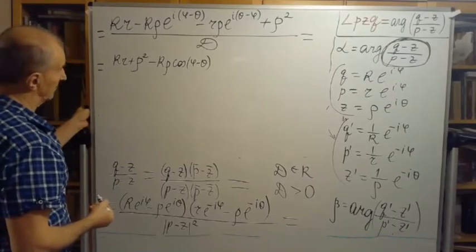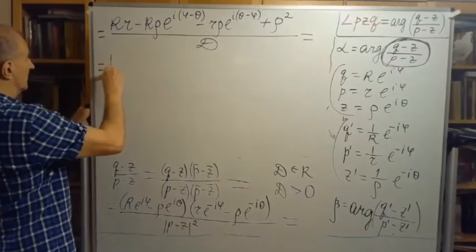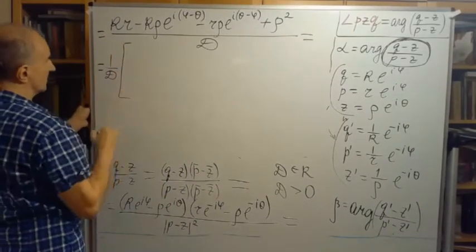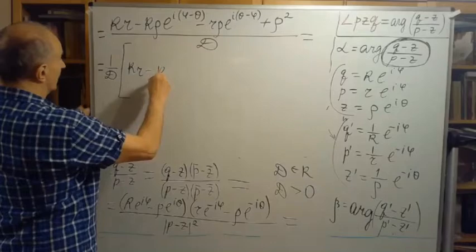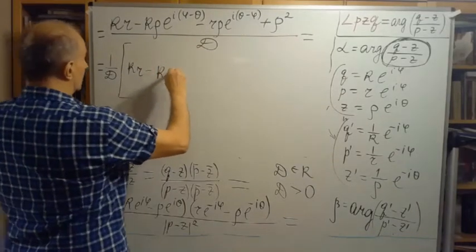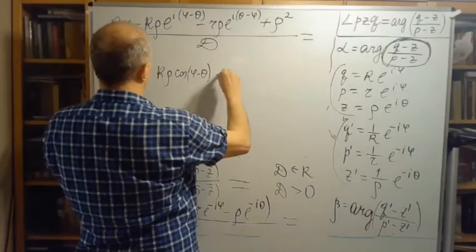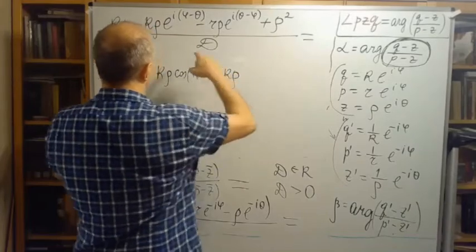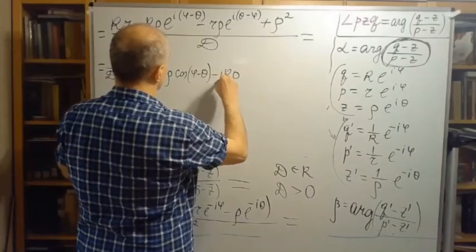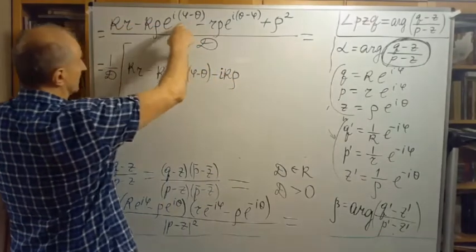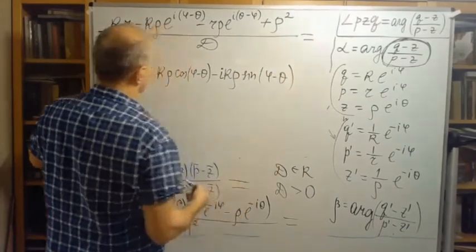Maybe I will need a lot of room, so instead of writing the fraction, I will write it equals 1 over d, and then I will open a huge bracket and continue writing: r minus r rho cos(phi minus theta) minus i r rho sine(phi minus theta), because it will be i, yeah, the part with sine.